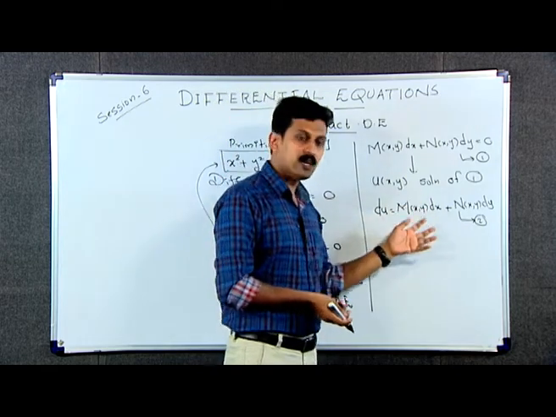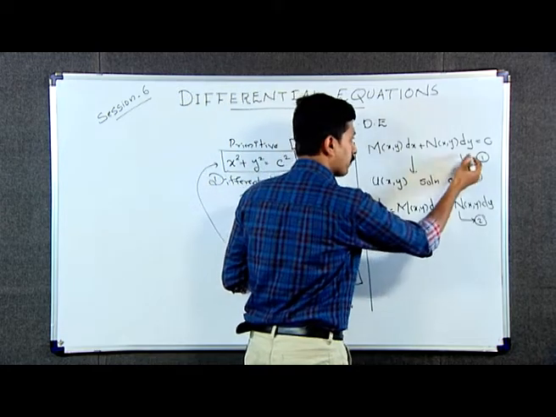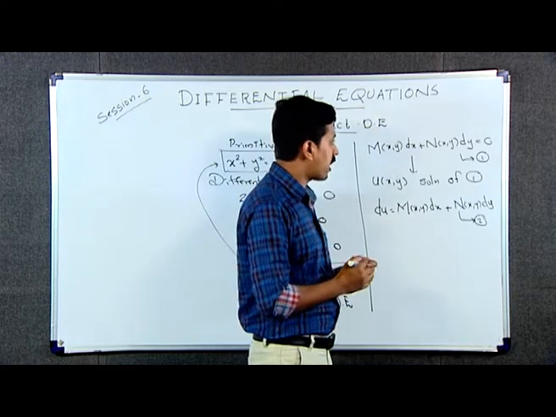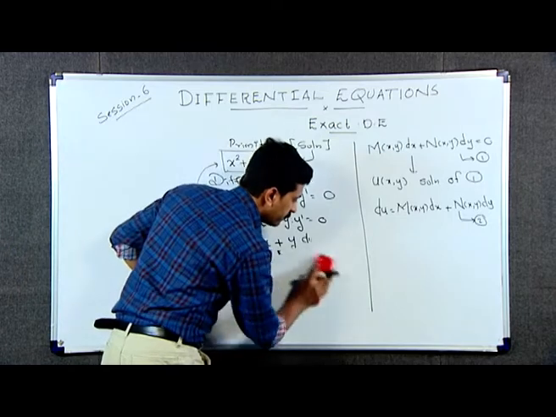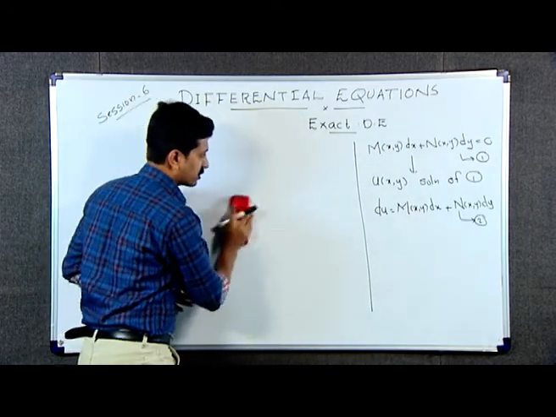But actually, our aim is to categorize whether this type of differential equation 1 is exact or not. We are trying to derive a formula to categorize whether our differential equation is exact or not.